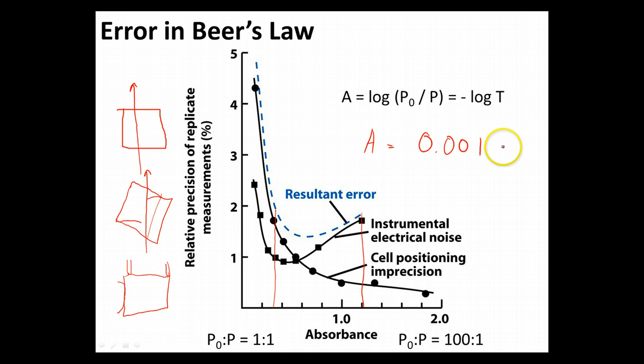That's because in the fourth decimal place you start having a whole lot of jitter. Think through what you're talking about at that point. You're talking about a 1,000 to 1 difference in the signals between P0 and P. That's a really big difference, and for that kind of range we're going to be seeing a lot of noise, and you'll start to see a lot of jitter in these values.